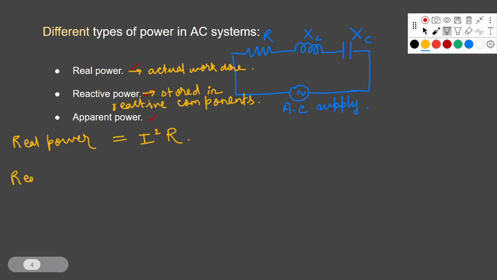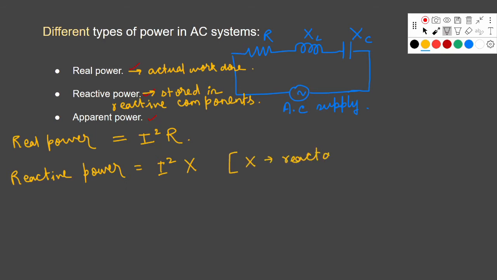The reactive power, on the other hand, occurs only due to the reactive components, so its value can be measured as I squared into X, where X is the reactance. Its value is nothing but jXL minus jXC, its mod value.